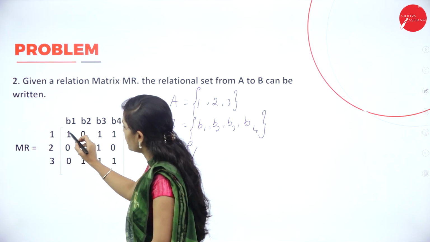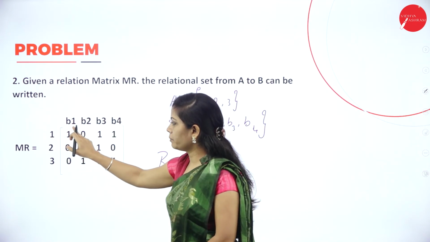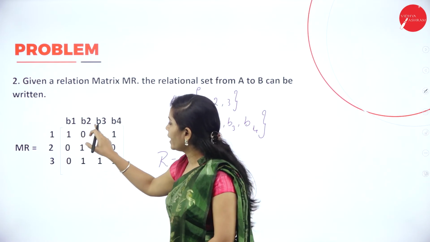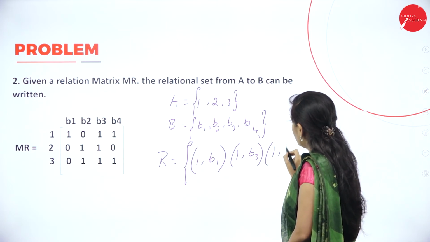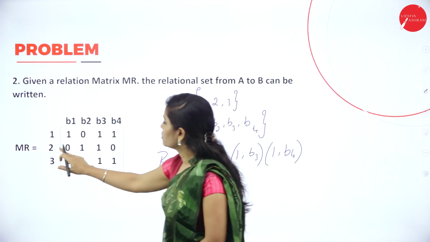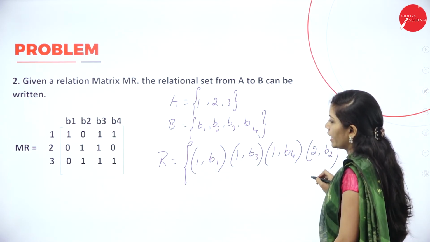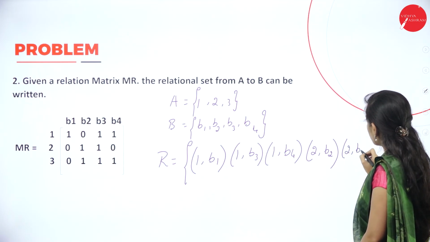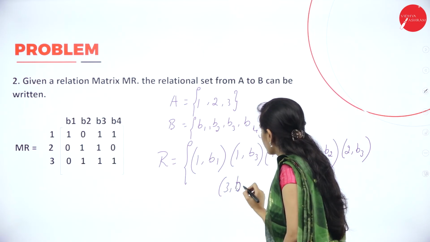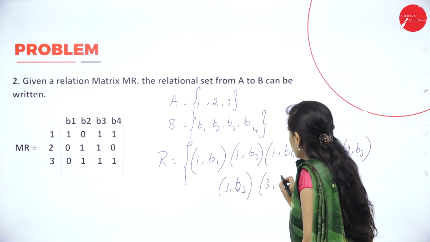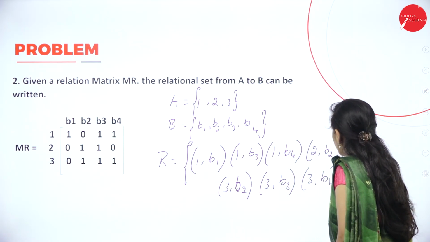So from 1 to B1 we have 1. So 1 comma B1. In place of 1, B1 we have 1, and 1 B3 and 1 B4, and 2 B2, 2 B3, and 3 B2, 3 B3 and 3 B4.